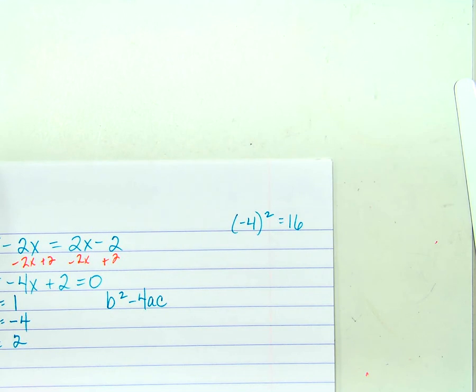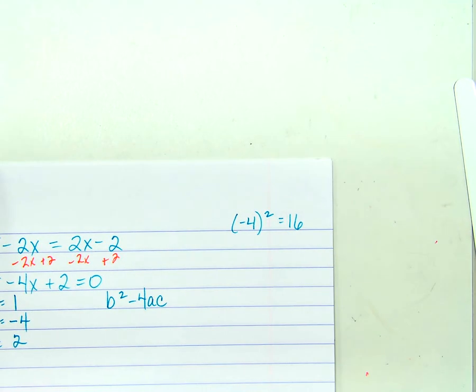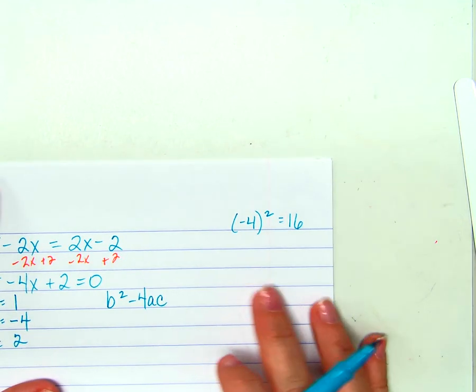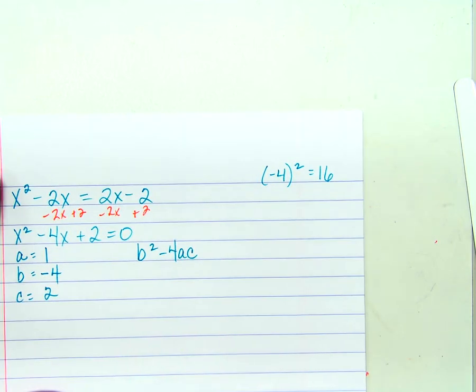Now, if it's a number squared like -56, I don't know what 56 squared is. So I want to go ahead and put that in my calculator, but I'd be careful. I'd either put in -56 in parentheses and then square it, or I'd square the 56 knowing my answer was going to be positive. Fair enough?